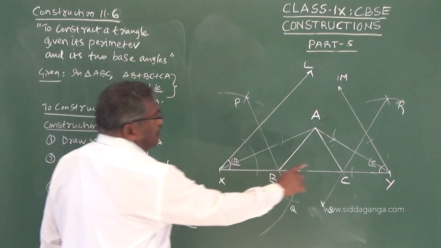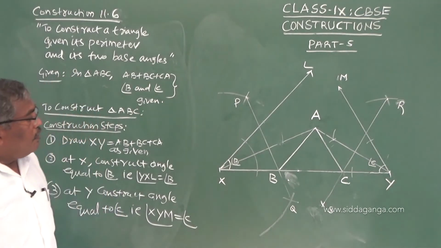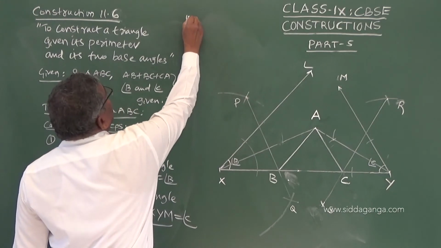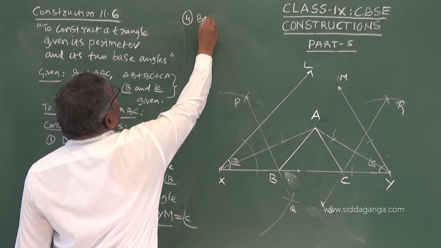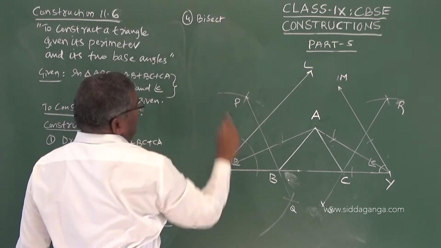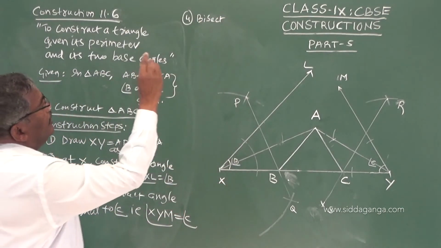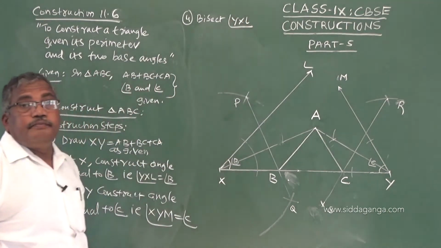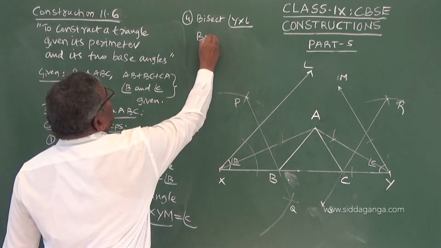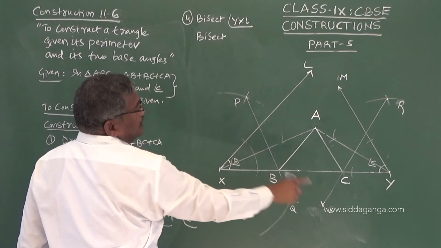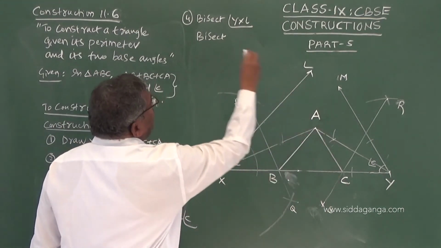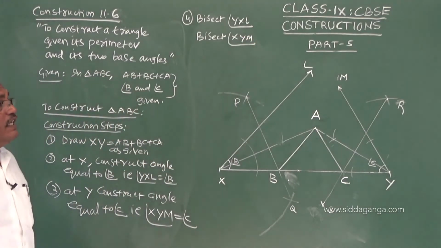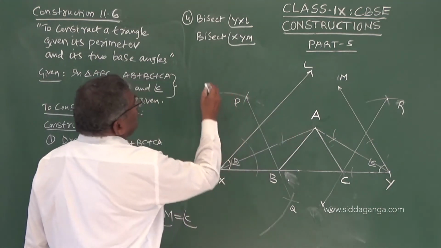So we have constructed these angles. Now, fourth, bisect angle YXL, bisect angle XYM. So the bisectors will meet at A.